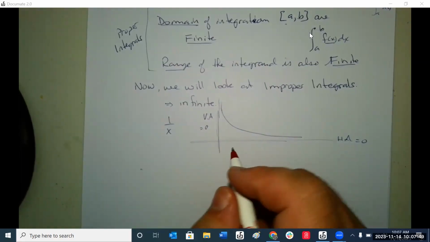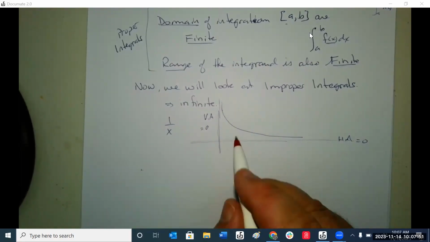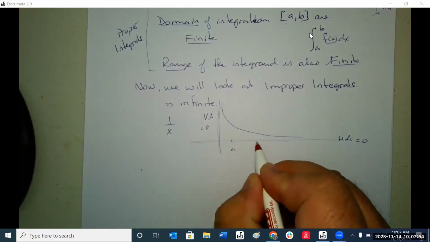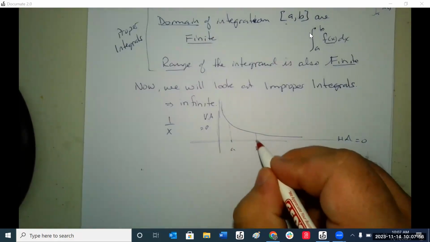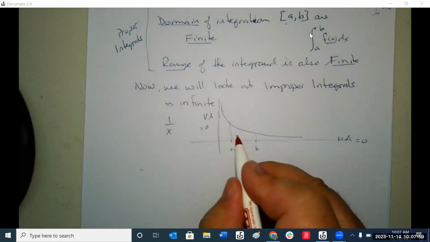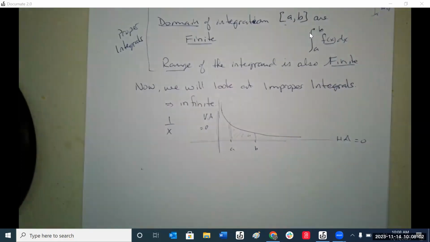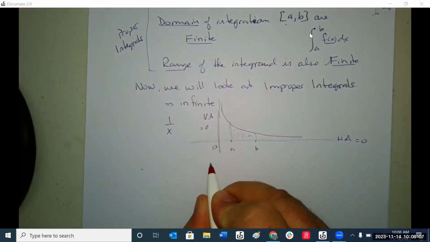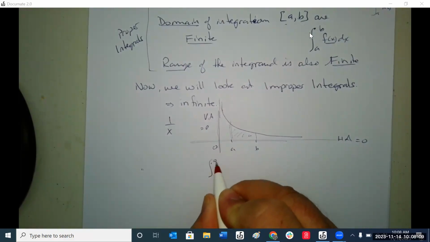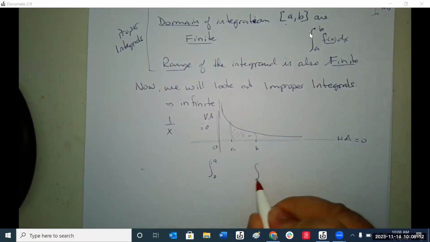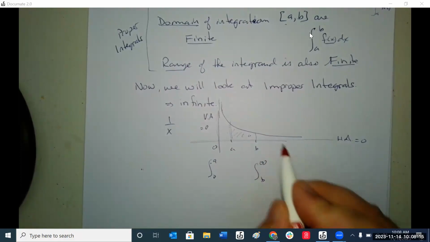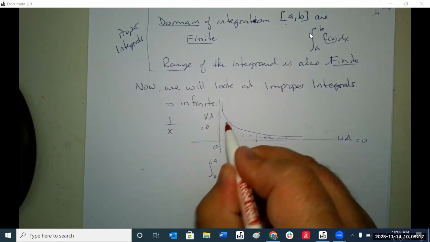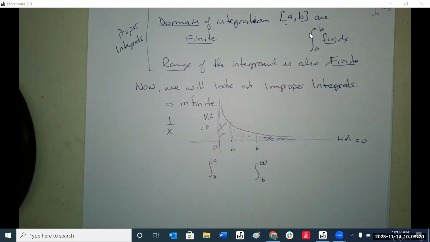So if we're looking at A and B here, if we were looking at this part, it's finite and we can find the area under the curve. What if we're looking at from 0 to A? Or from B to infinity? These areas, since they never end, this is going to infinity.